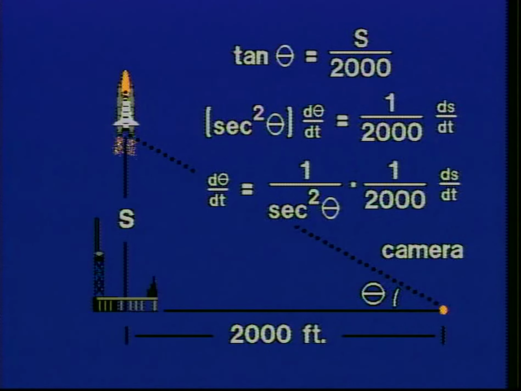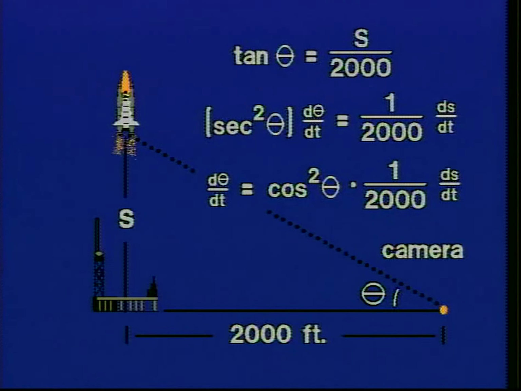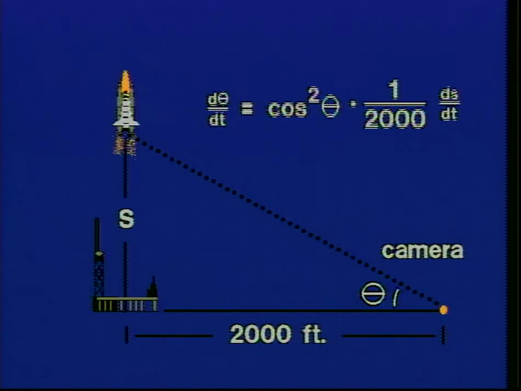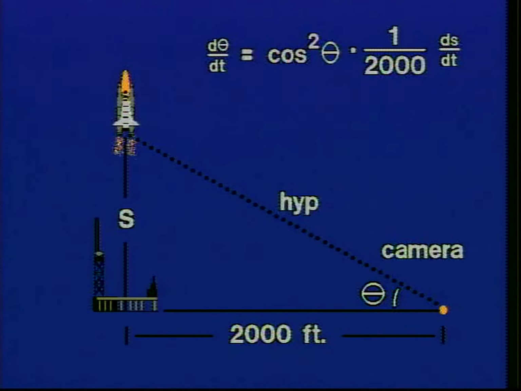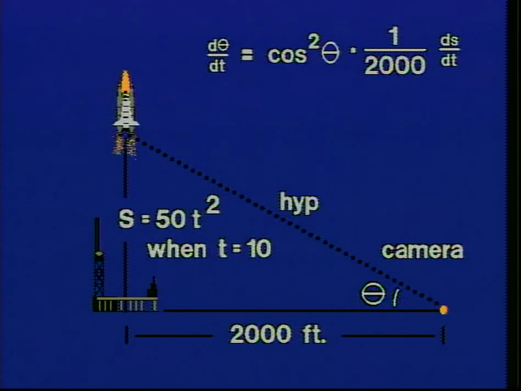Now let's go through and work with each part of this. The 1 over secant squared theta is probably easier to think about as cosine squared theta. But dealing with cosine squared theta from the perspective of theta, we need some information about the hypotenuse. That's no big problem because we have some additional information about our problem. S is 50t squared, and we're freezing time when t is 10.